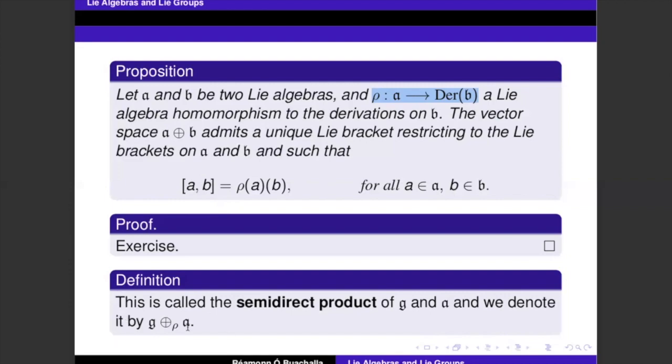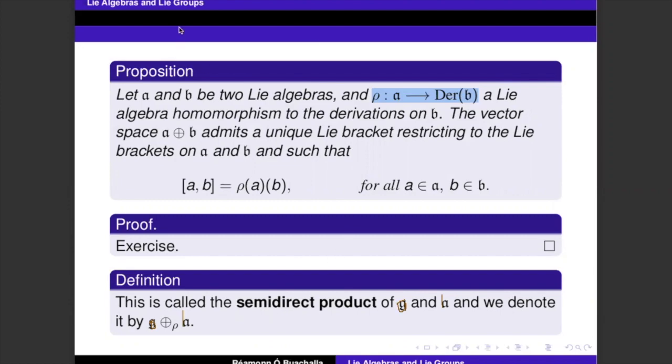And this new product, sorry, these should be A and this should be B. I've written G and A here when really I should have done the same thing as I had above. I've written A and B, so this is A, and then this is B. So we call this new Lie algebra the semi-direct product.